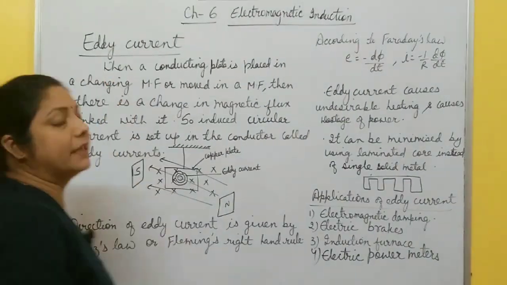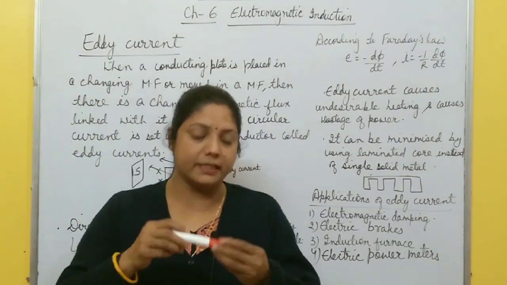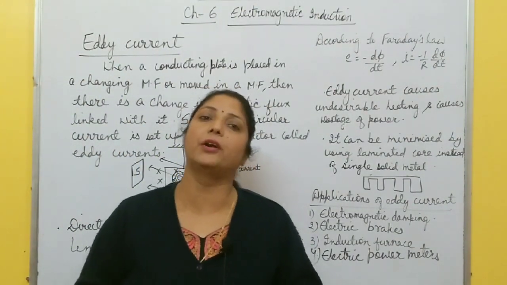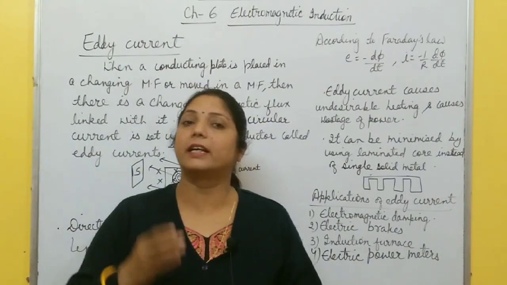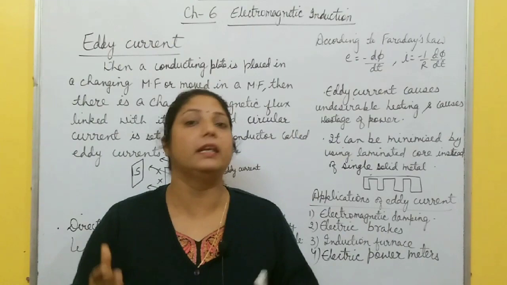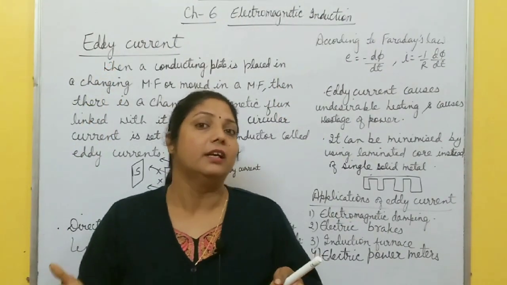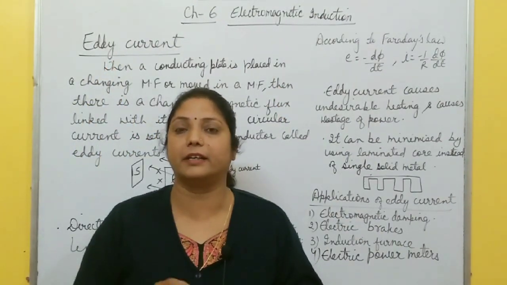Now, the next topic is eddy current. What is this eddy current? This topic is also important for 2 or 3 marks questions. You know that when a conducting coil is placed in a changing magnetic field, current is induced in that coil.